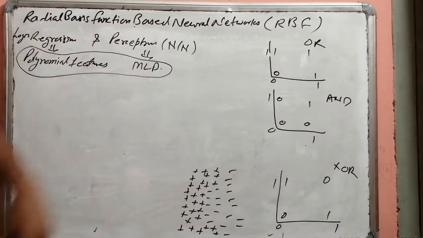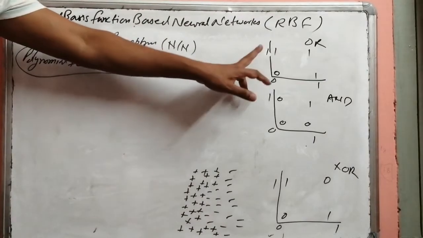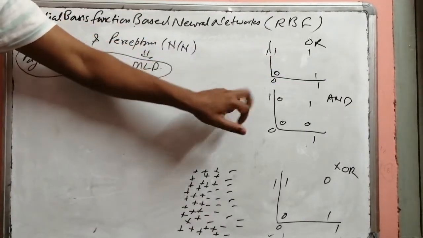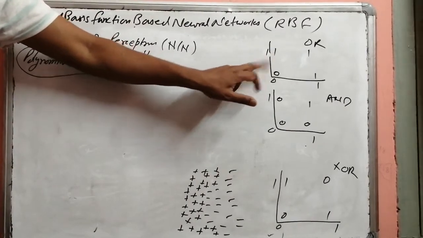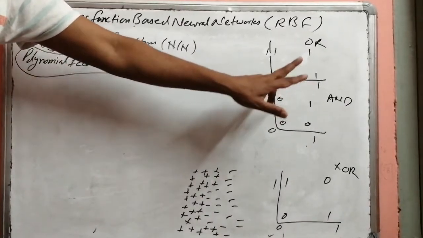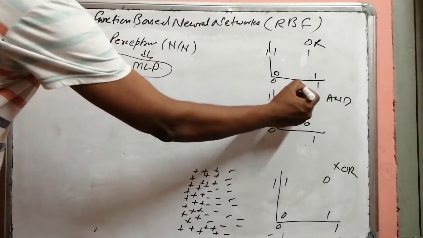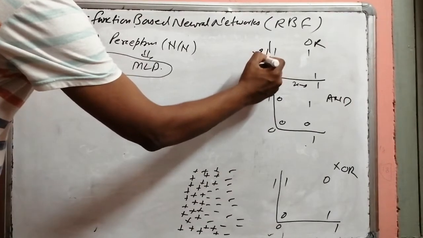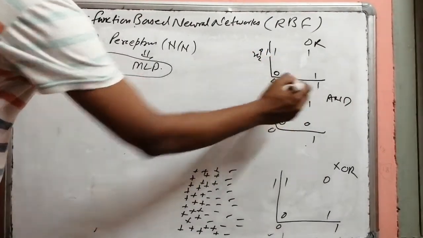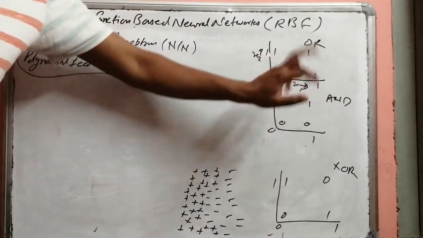Now let us look at some more linearly separable and non-linearly separable problems. Let us try to draw a graph for OR. OR says that there will be 1 at (1,1) if there are only two input dimensions x1 and x2. This is x1 and this is x2. 0 at (0,0), 1 at (0,1), 1 at (1,0), then 1 at (1,1).